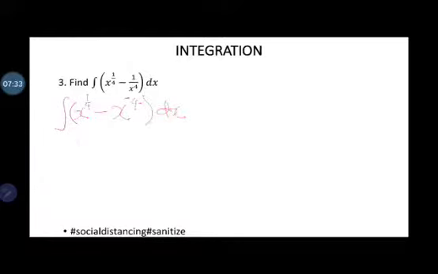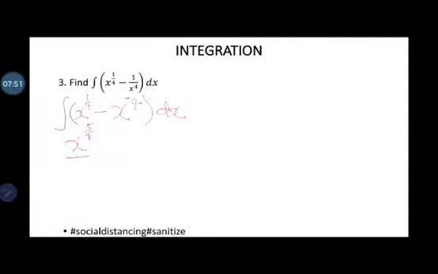So then we're going to have x, we are adding 1. So we add 1 to this one, we're going to have 5 over 4.